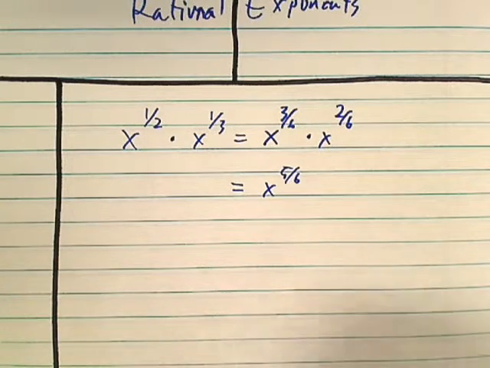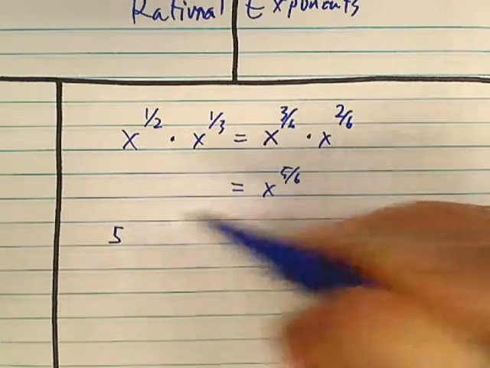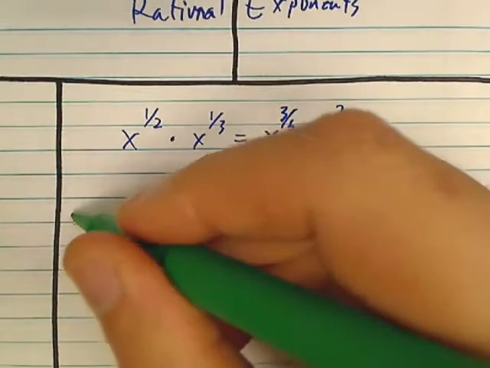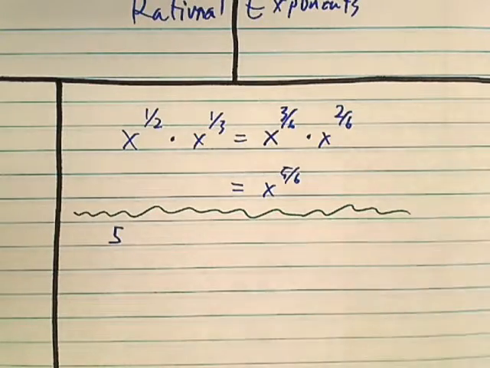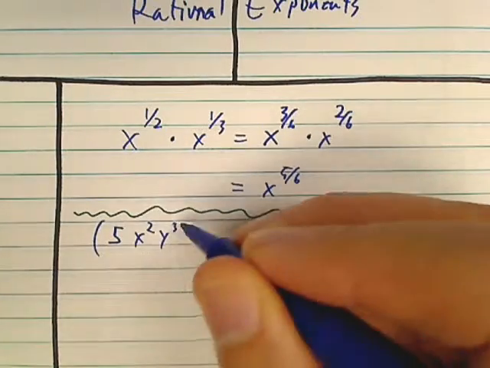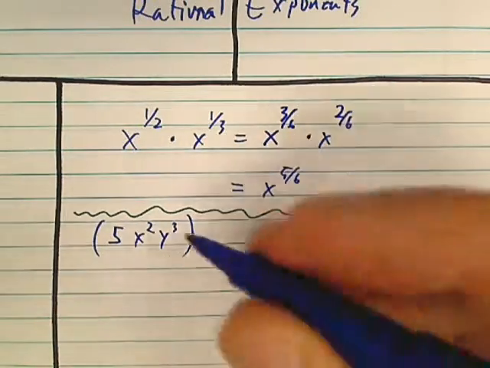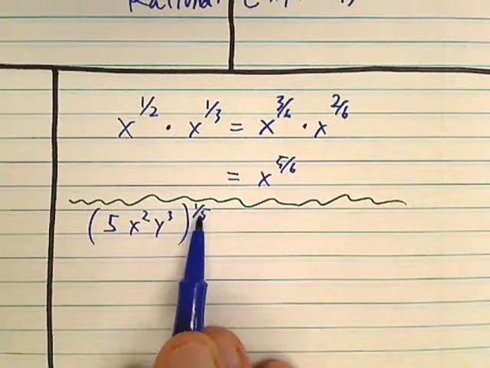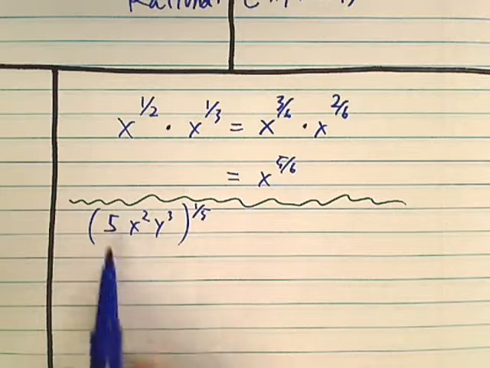Okay, so we have another rule concerning exponents. Right? Let me draw a squiggly line here to separate these. We have 5 x squared y to the 3rd, and we're going to have a fractional exponent here, to the 1/5 power. Well, when we have this, you multiply the exponent on the outside by all the exponents on the inside.